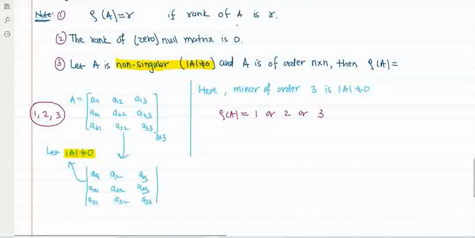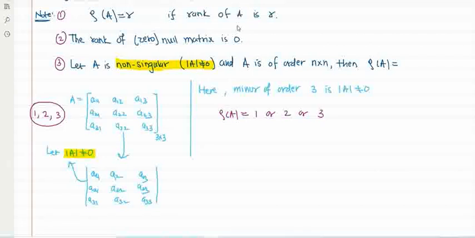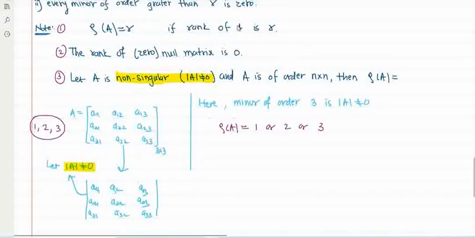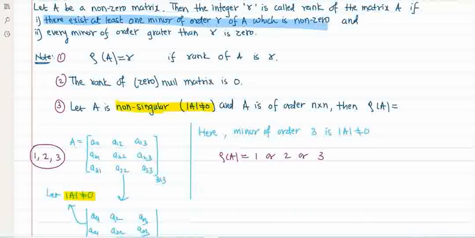So what is the first required condition? There exists at least one minor of order R which is not equal to 0. You have to find at least one minor whose value is not equal to 0.